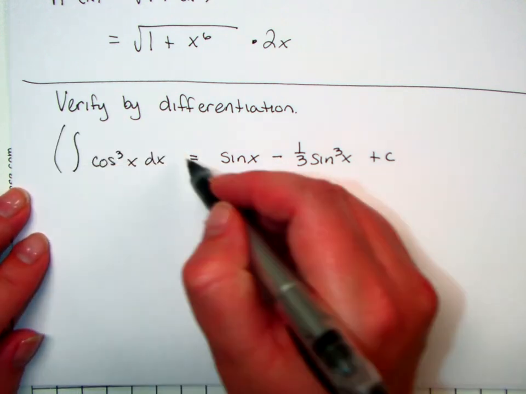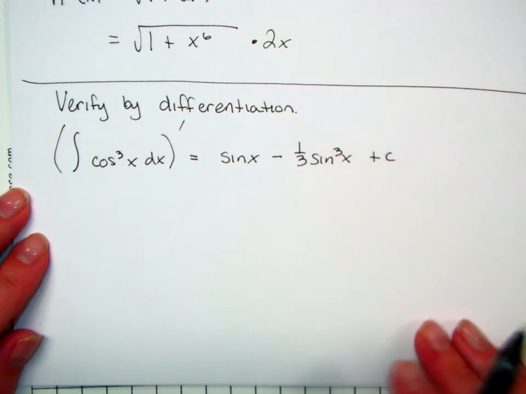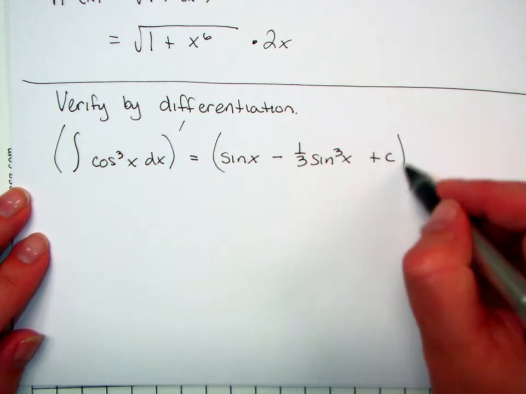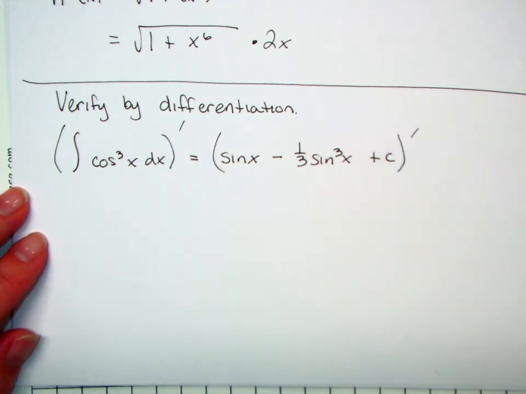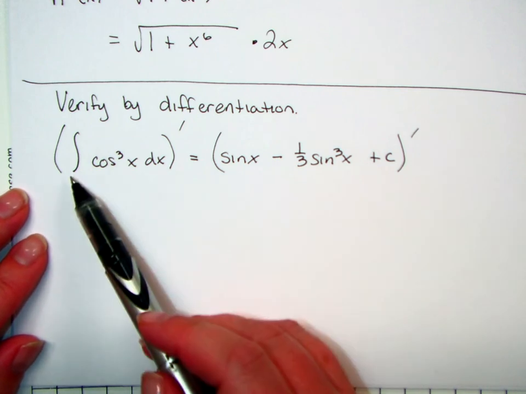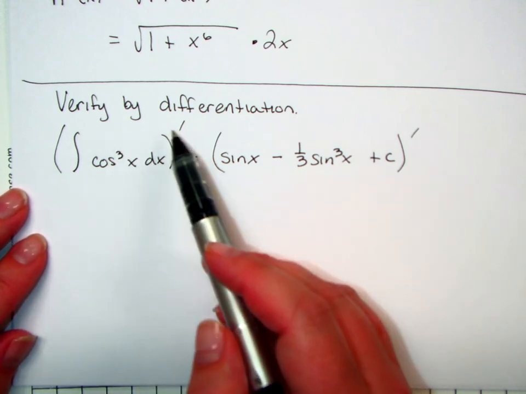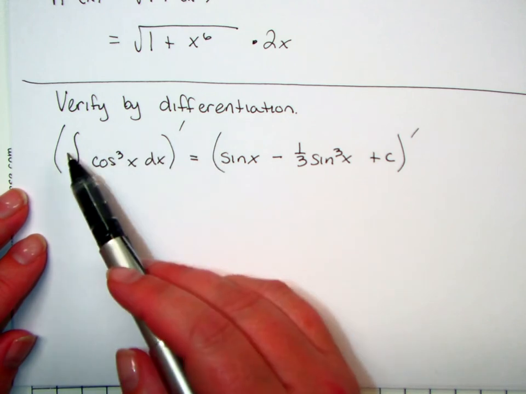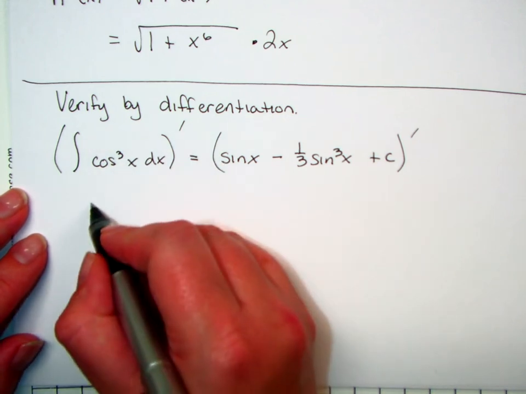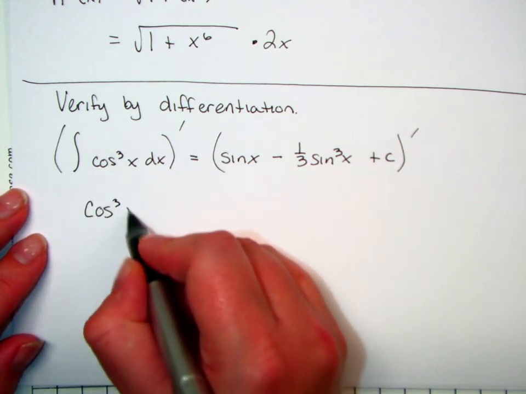Okay, so I'm going to take the derivative of the left-hand side, and I'm going to take the derivative of the right-hand side. Right, now, believe it or not, the left-hand side is the easier side because when you differentiate an integral, these are inverse operations, and so we're just going to get cosine cubed x.